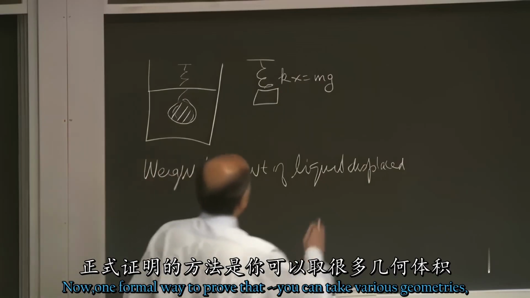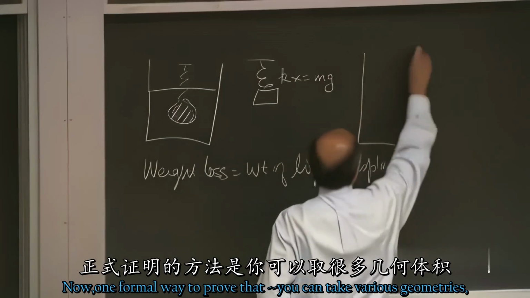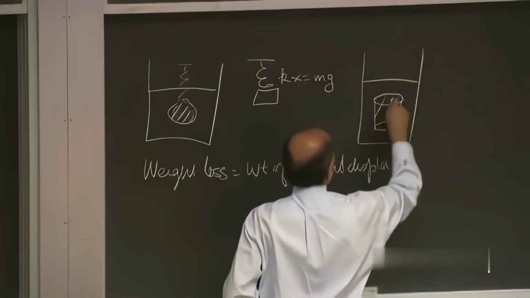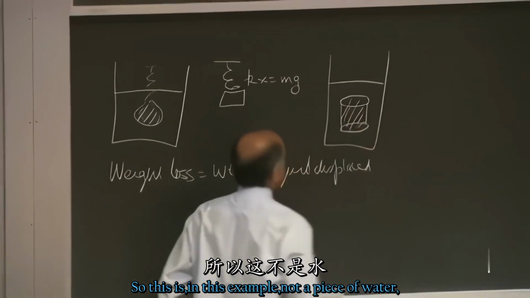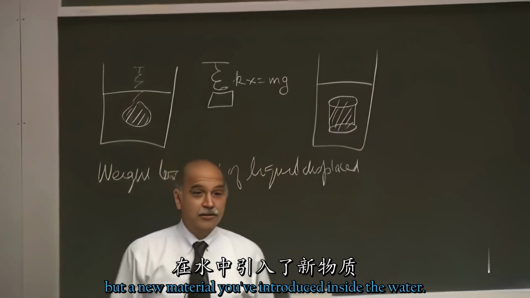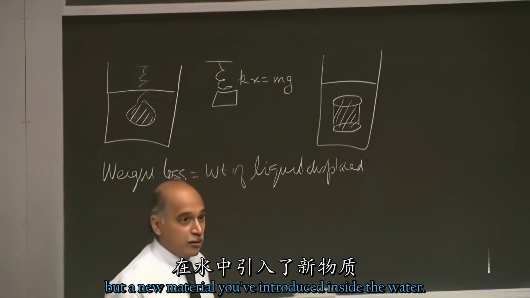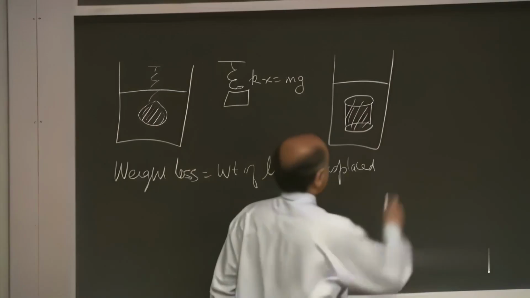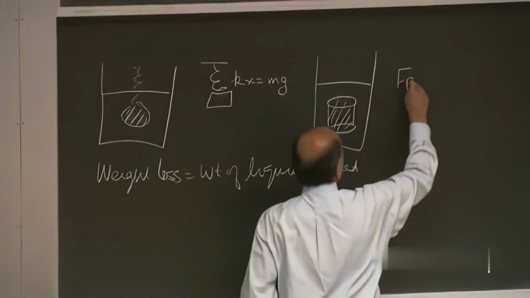Now, one formal way to prove that, you can take various geometries, but I prefer a cylindrical geometry. So this is, in this example, not a piece of water, but a new material you've introduced inside the water. And we want to find the buoyancy force. What is the net force of buoyancy?